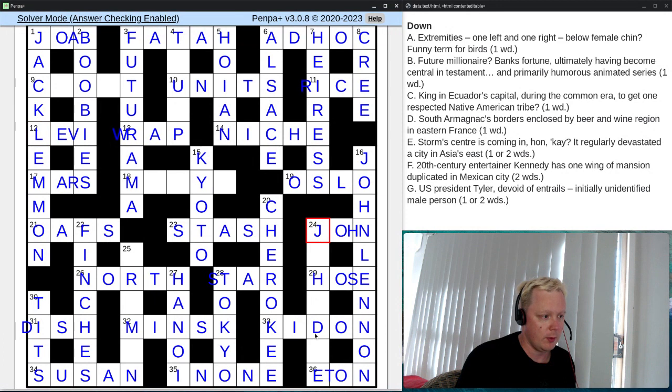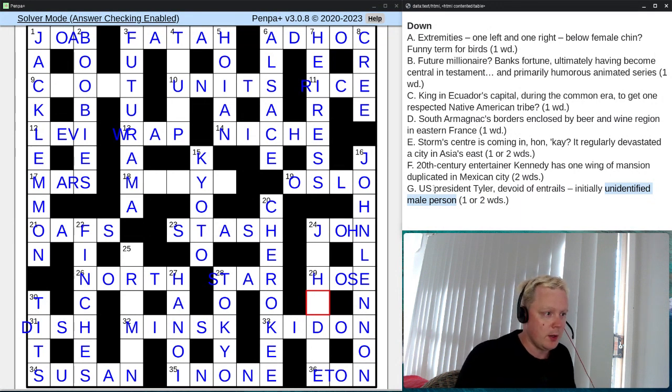Now here we have something that looks like John Doe, which is an unidentified male person, and that is 2 words. So we have John here, and John here for some reason. But John Doe would fit this definition here, unidentified male person.